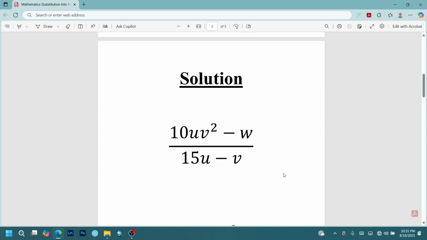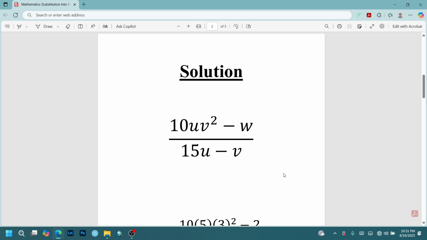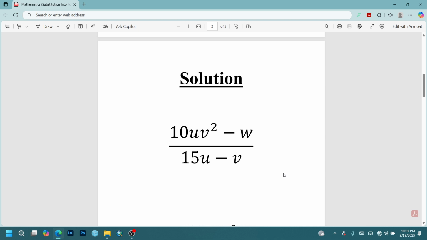Based upon the preamble of the question, our equation is the fraction 10 multiplying u multiplying v square minus w over 15u minus v, right?